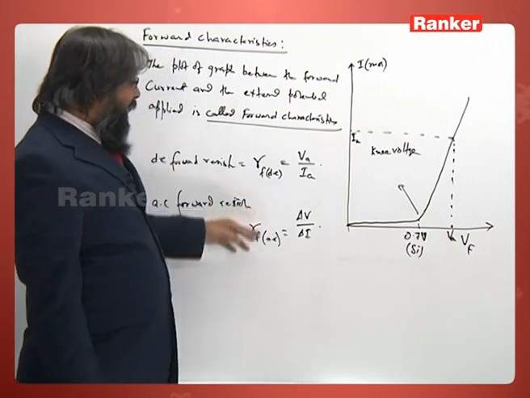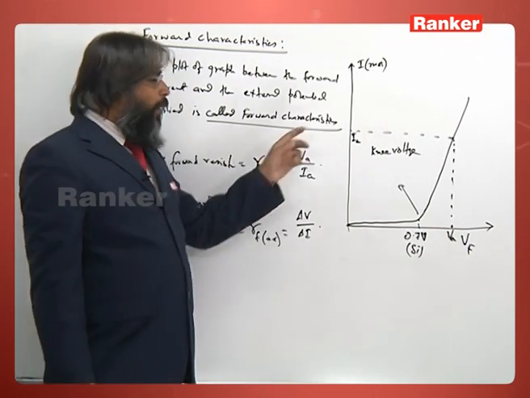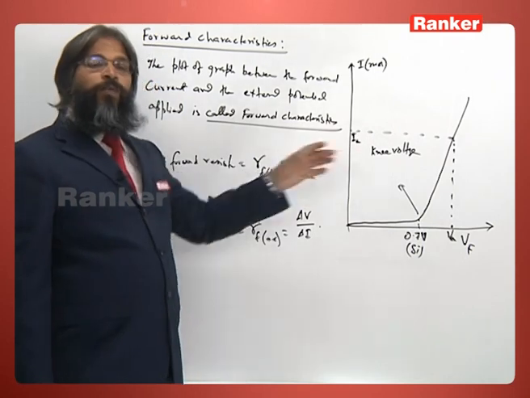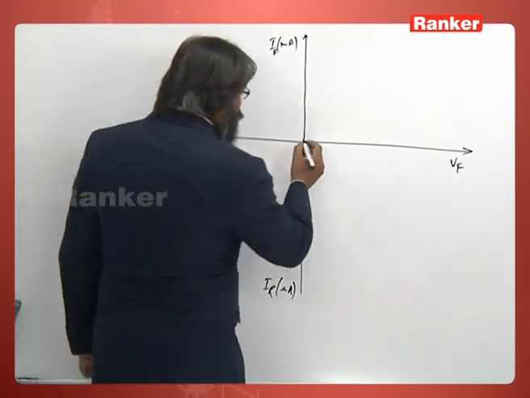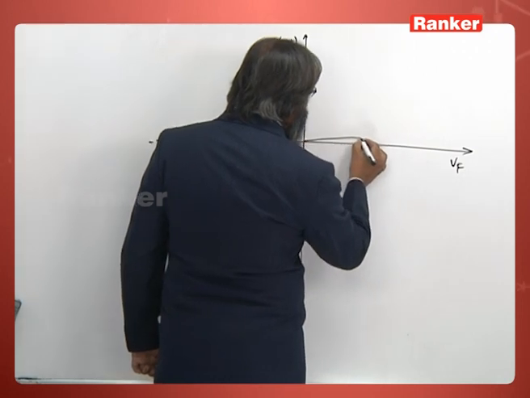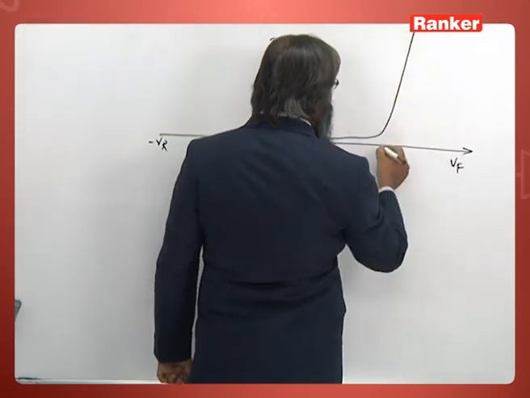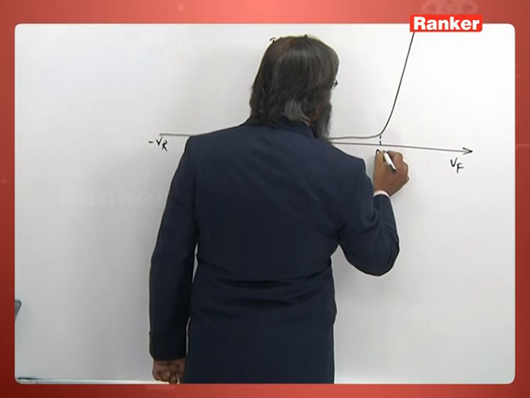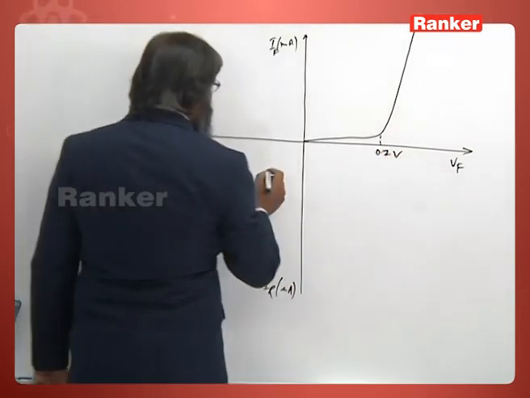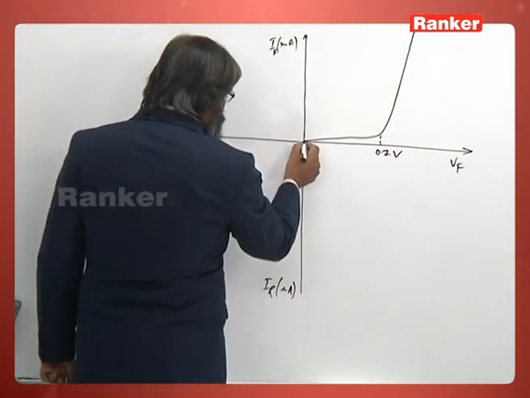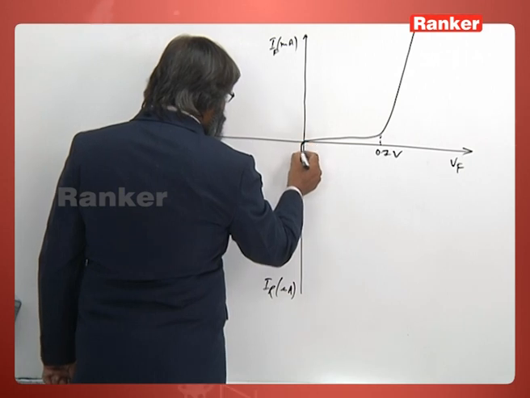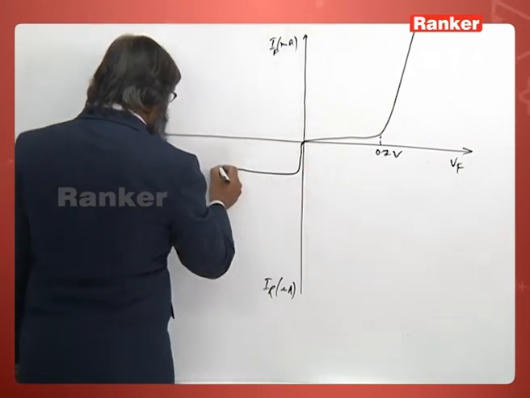So we require this data when we have to operate the diode in forward bias. You see for forward bias, this graph is linear here, and this is 0.6 volts. And here in reverse, it suddenly rises like this.